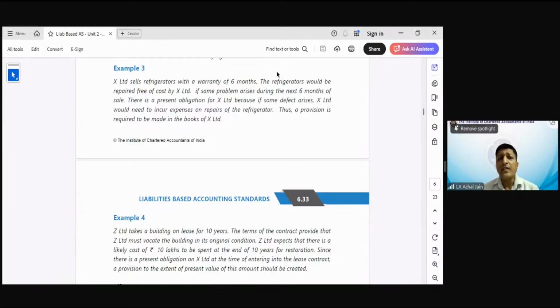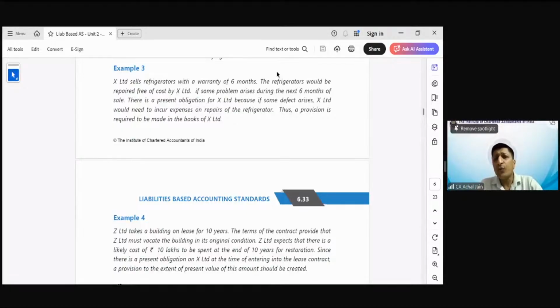X Limited sells refrigerators with a warranty of 6 months. Warranty means that for the next 6 months, if there is any problem, the customer can come to the company and the company will service that. Any repair if required, the company will do free of cost. Any part required to be replaced, the company will do that.